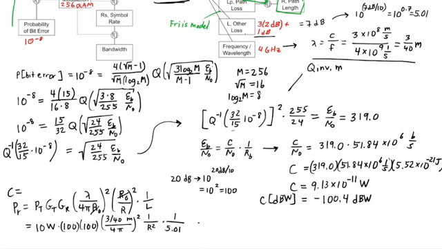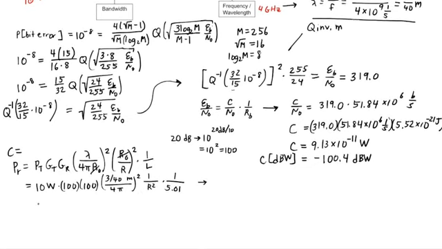And this results in, but I'm going to bring r squared to this side. And I'm going to bring PR to the other side. So I'm going to have 10, and then the 1 divided by 5.01, and the 1 divided by the C, which is 9.13 times 10 to the minus 11 watts.